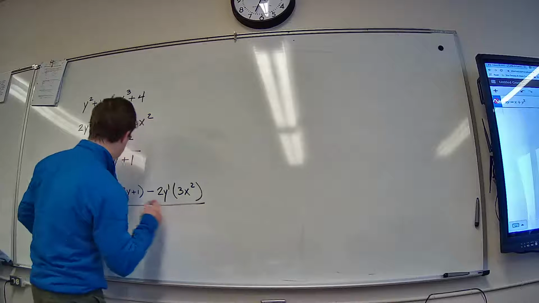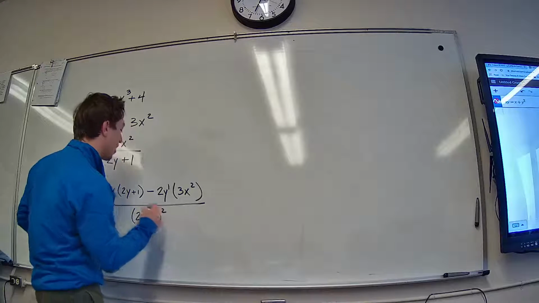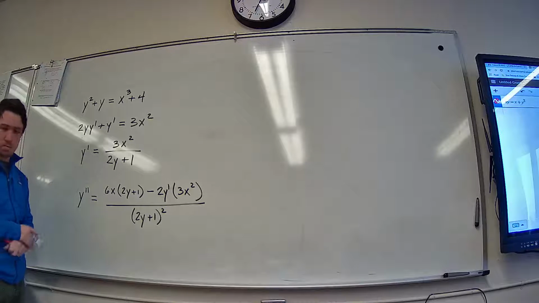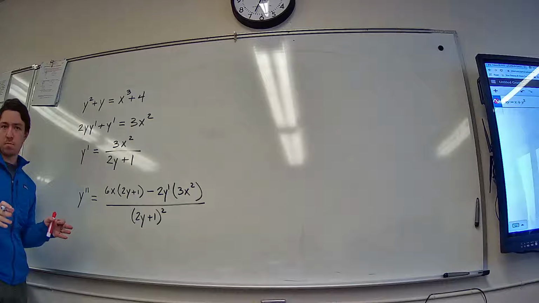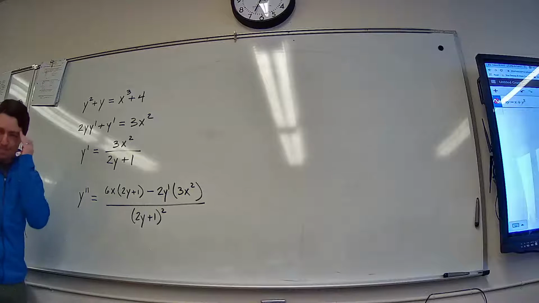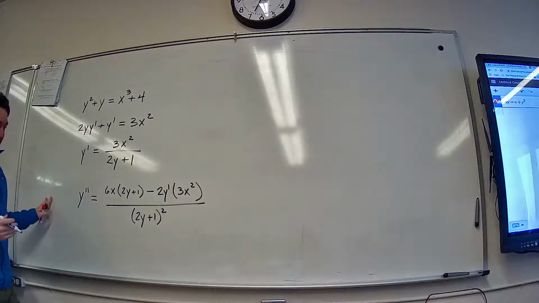And the bottom is 2y plus 1 squared. Any questions on that application of the quotient rule? You can take some time to think. Okay, we good.